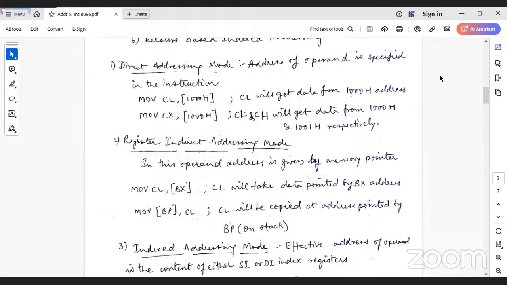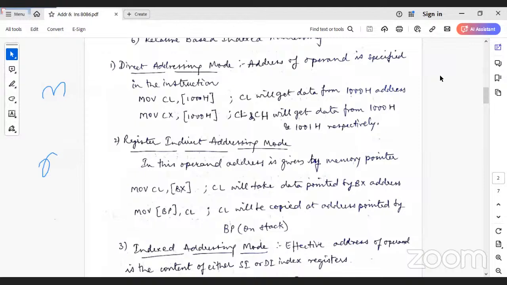I told SP, stack pointer, and BP, base pointer. These two are called stack registers. So in that stack register, the address is given. The data in CL will be copied in the address location whose address is given in the stack register BP. So this point you can note.